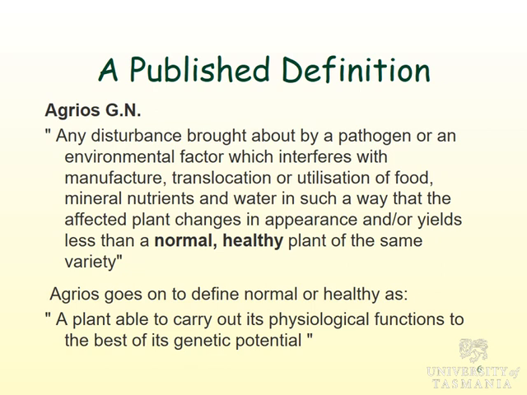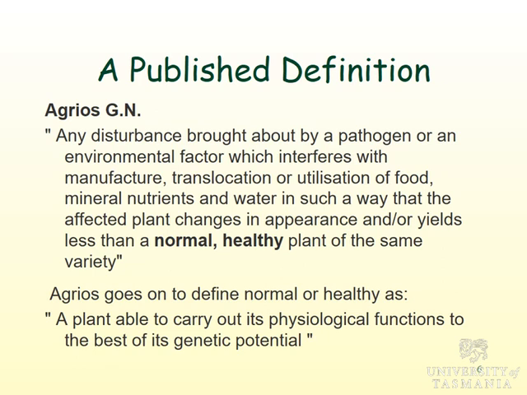That's good. So anything caused by a pathogen or environmental factor that interferes with, essentially stops the plant growing to its full potential. So it has to interfere with the way it makes or translocates or uses food, nutrients, and water, such that it changes appearance or yields.